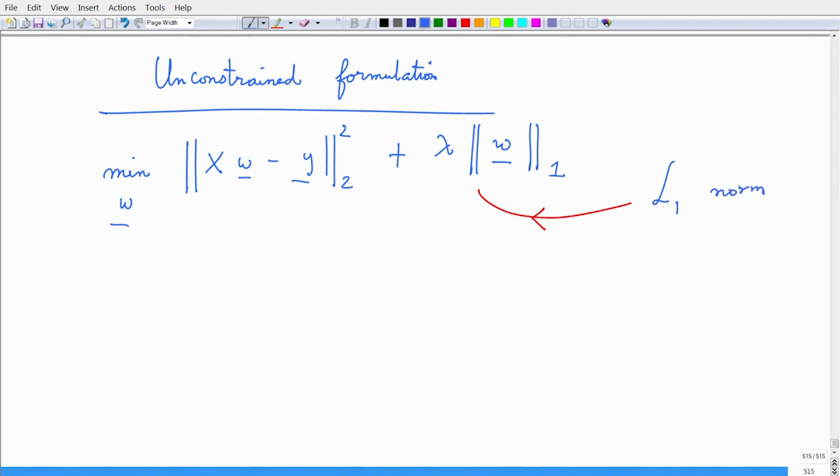So we are bringing in the L1 norm. I just call this equation 1, right. A small twist than what I did with L2.